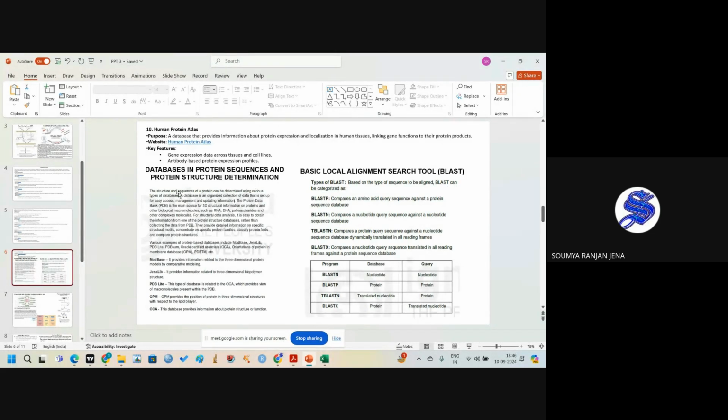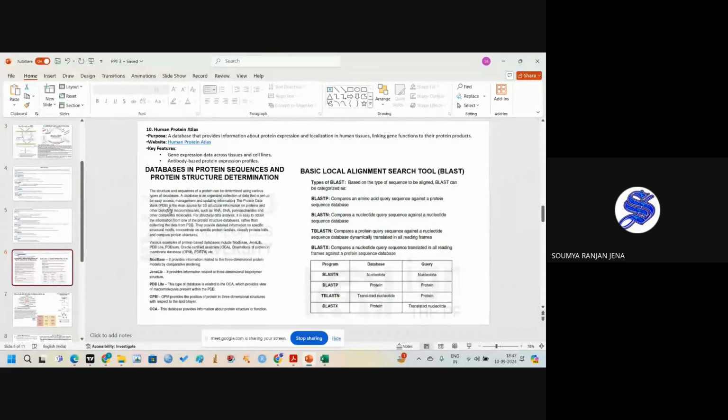The structure and sequence of a protein can be determined using various types of databases. A database is an organized collection of data that is set up for easy access, management, and updating of information, because all the information you can find in these databases.